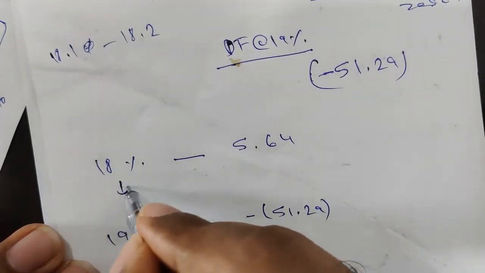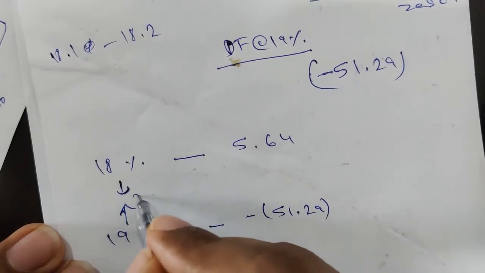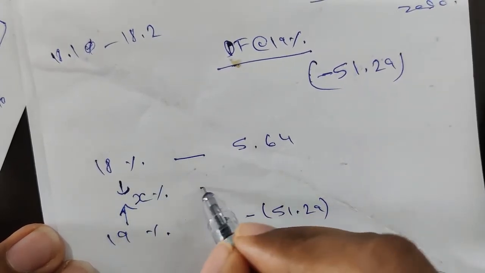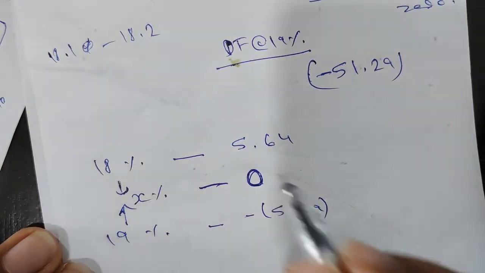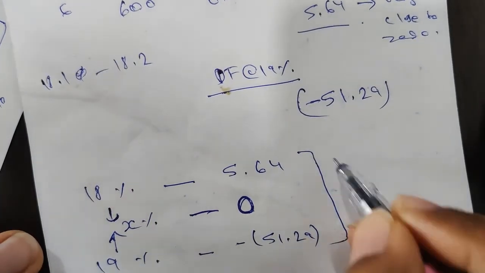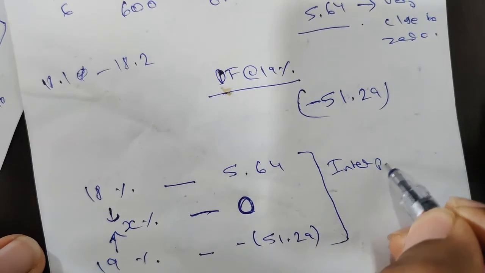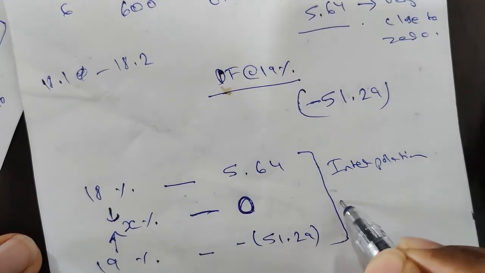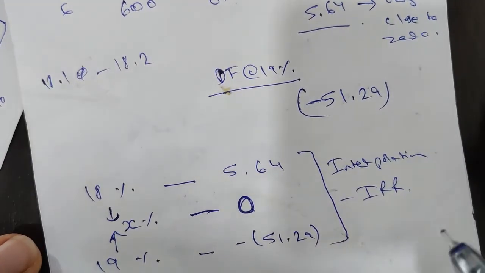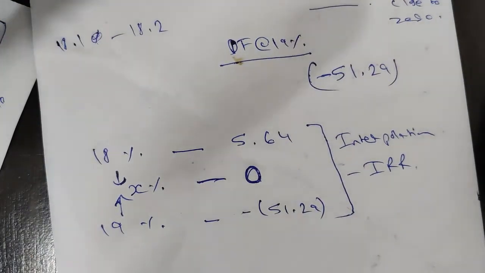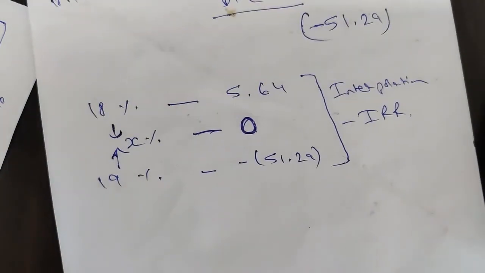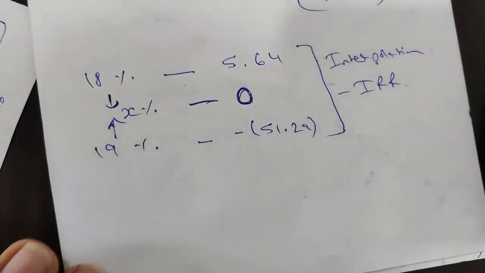So what will be your IRR? Let's say X percentage, so that your NPV is 0. Now we have to use interpolation to calculate IRR. See, I told you computing IRR was difficult, so that's why we use NPV instead. So how to calculate?